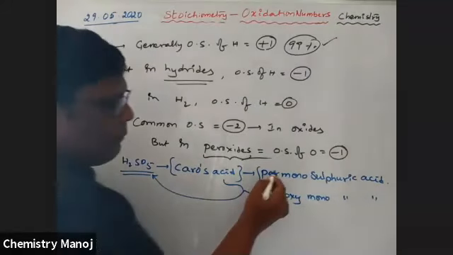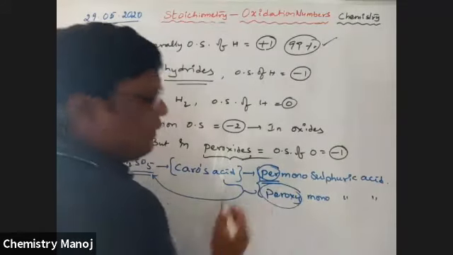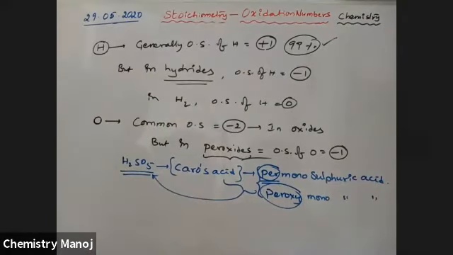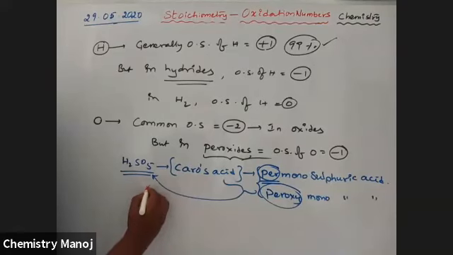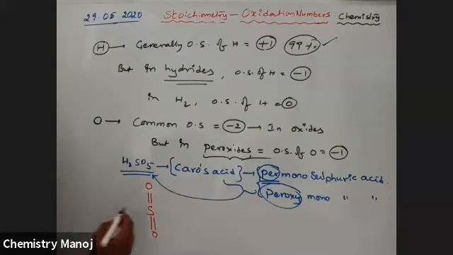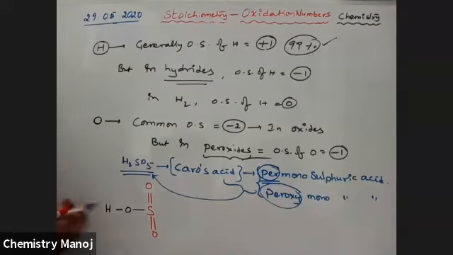Whenever the word per or peroxy is there, there is a peroxy bond. Now the structure here: it is sulfur, double bond O, two oxygens, OH, next OOH, and OH and OOH.